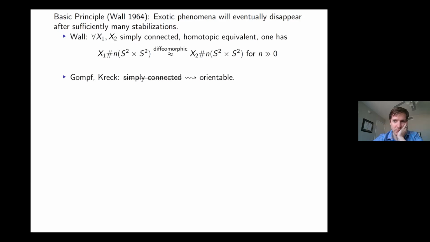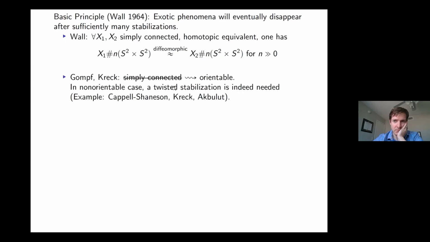They also proved a result for non-orientable manifolds, and that involves a single twisted stabilization. And by the examples of Kasprowski, Powell, Ray and Teichner, we know that in this non-orientable situation, one twisted stabilization is actually needed.